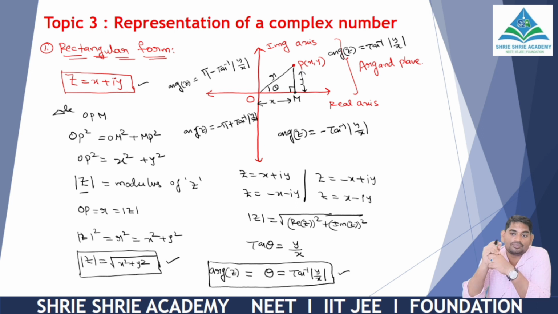Then see here, from the same right angle triangle OPM, suppose I want to find cos theta. Cos theta is equal to adjacent side divided by hypotenuse, x by r.